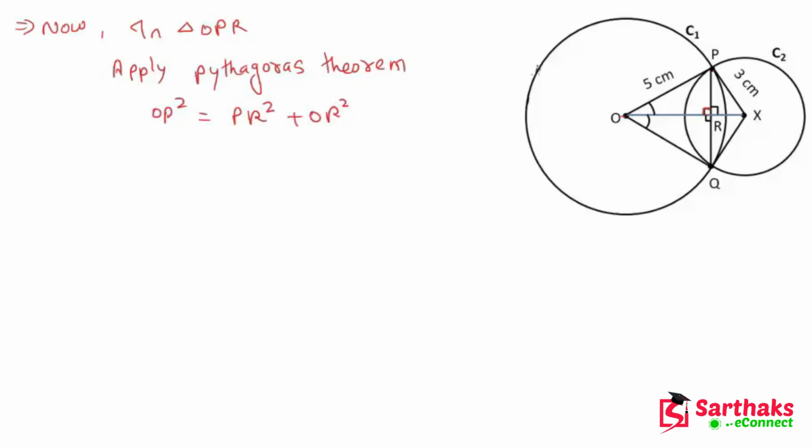Pythagoras theorem says hypotenuse square is equal to perpendicular square plus base square. So hypotenuse is 5, so 5 square is equal to PR square plus OR, which is X square. So we get PR square is equal to 5 square minus X square, it means 25 minus X square. Let's suppose this is equation number 4.